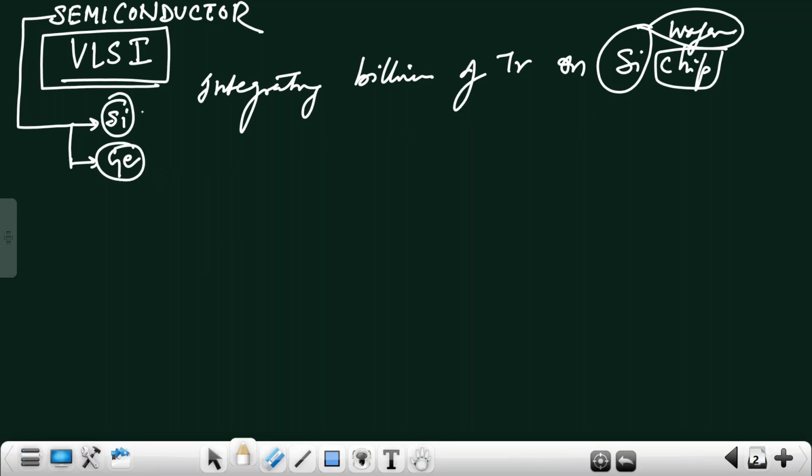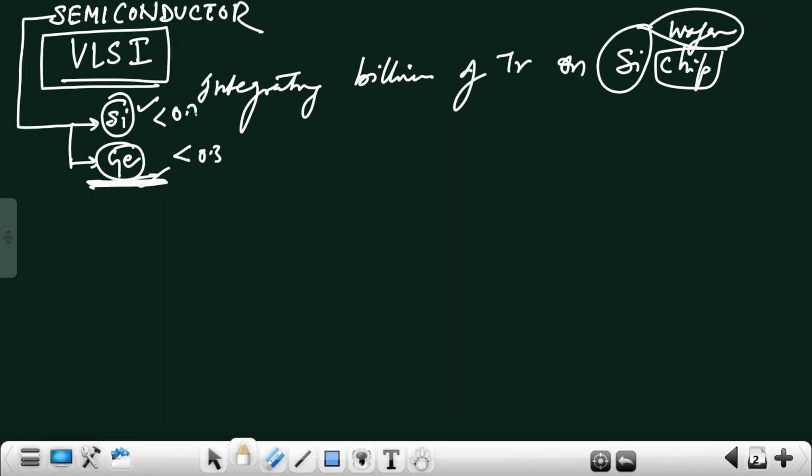Which one is better, silicon or germanium? Silicon is better. Why, Bhargav? Why is silicon better? See, the better one is germanium, not silicon, because it conducts faster compared to silicon, right?